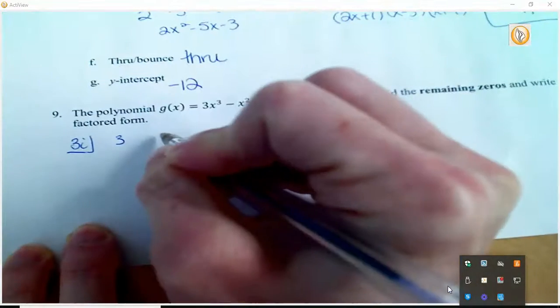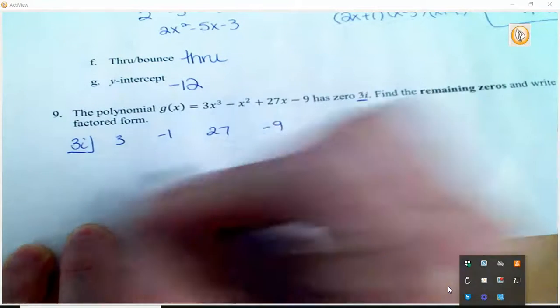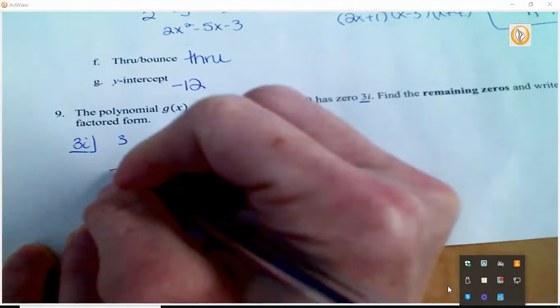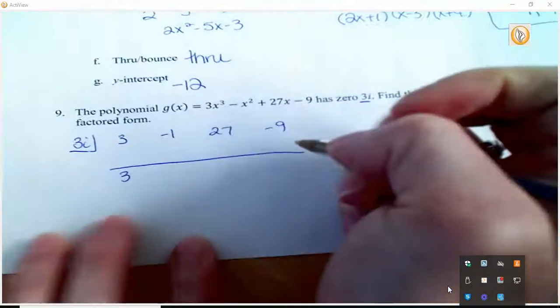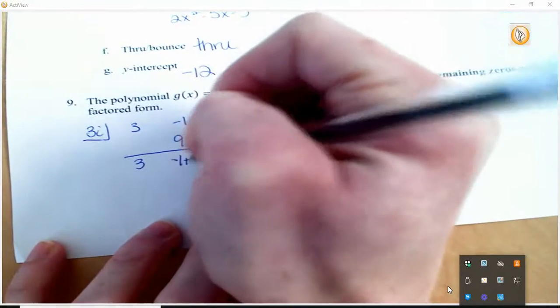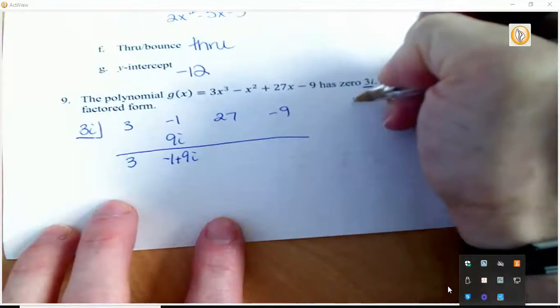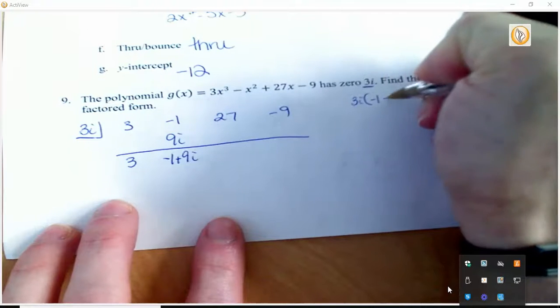So coefficients. Three comes down. 3 times 3i is 9i. These are not like terms, so you can't add them together. Now you need to do 3i times -1 plus 9i.